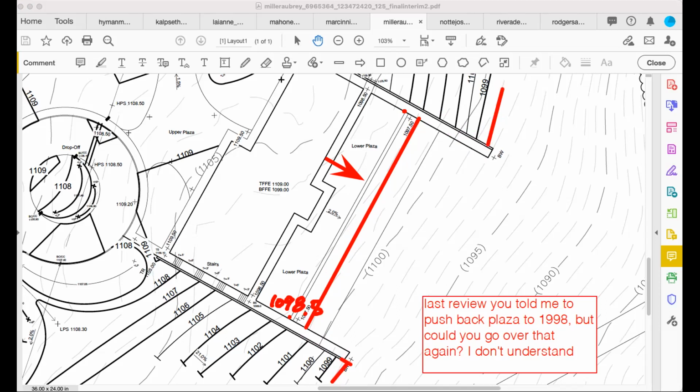Then you would have your 97 go around just in the original contour. You need to move a little bit of 97 in that corner, but you got the idea. So that's how you find all the contours at your back plaza and how to connect around the retaining wall. Okay, that makes a lot more sense.